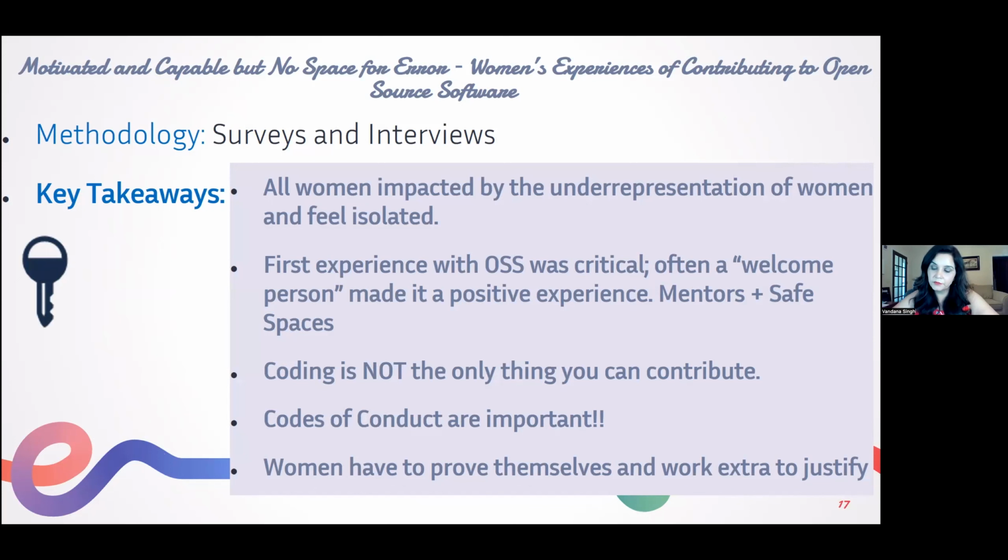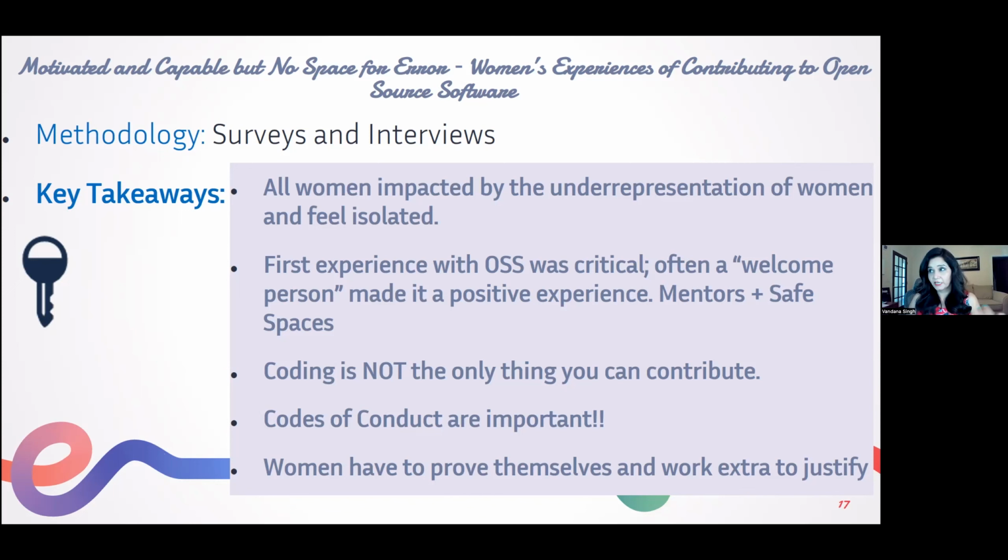I surveyed women in open source software across different software development groups. Then I did follow-up interviews with them to ask similar questions and expand upon some of the questions. I was asking why they joined, what the benefit is for them, what their experiences are, and what problems they see.